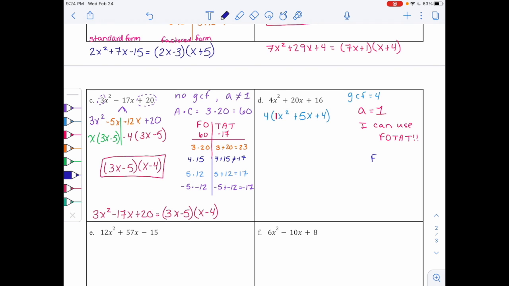So I'm just going to go factors of 4 that add to 5. Nice and easy, 1 times 4. So I don't need to split the middle because A is 1. Nice and easy. So this one wasn't even AC.